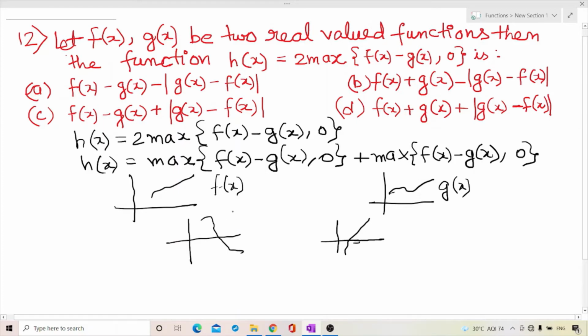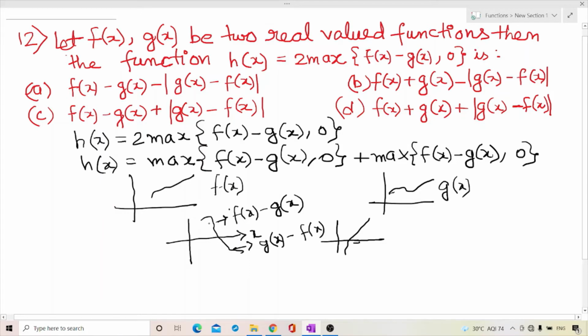So in this range, in the range above the x-axis, the maximum part is here, it is f(x) - g(x). For this part it is g(x) - f(x).